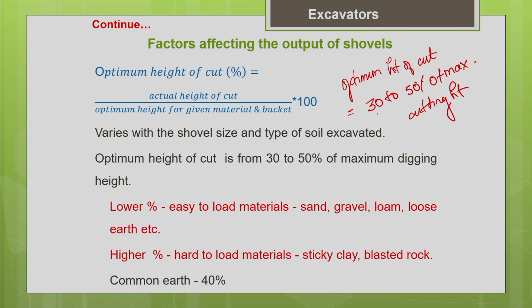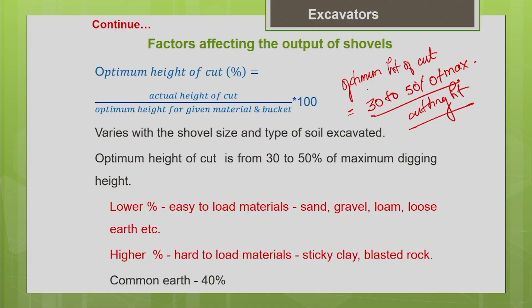For every shovel, I can get the information on the maximum cutting height, the dumping height, and the maximum digging reach from the manufacturer. And you should know that at its maximum cutting height, definitely it won't give you maximum productivity.